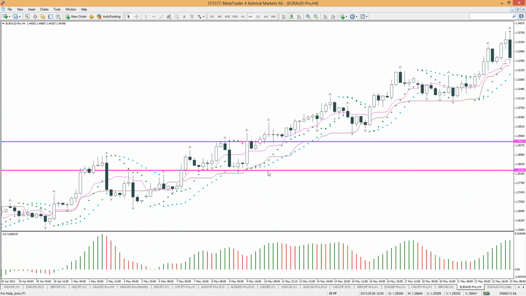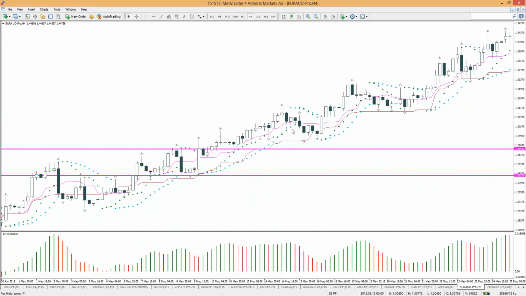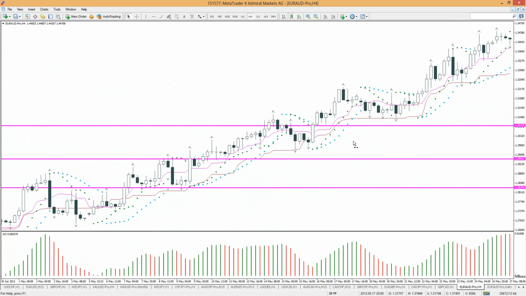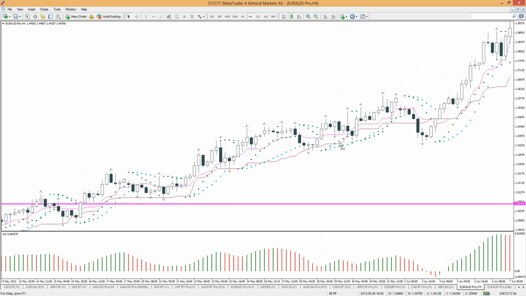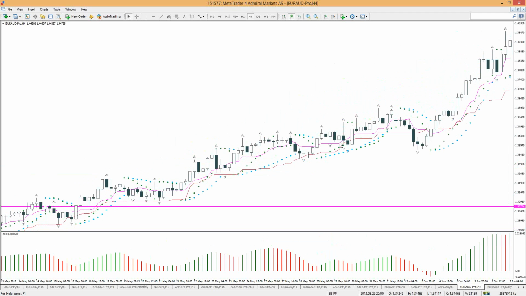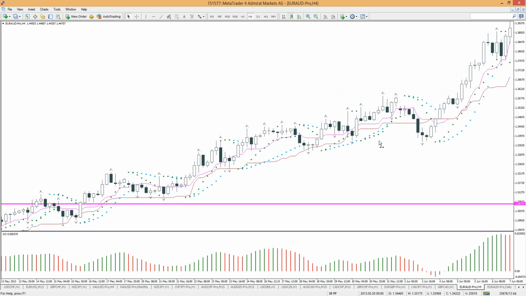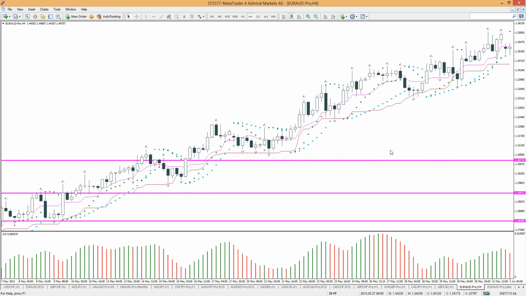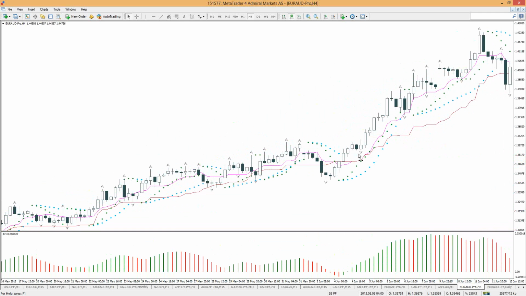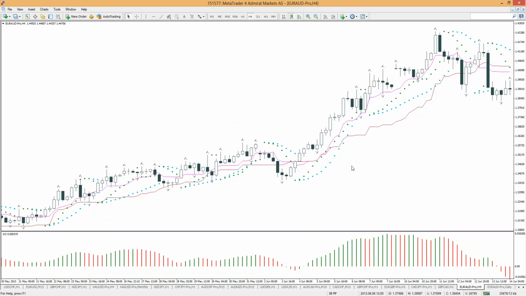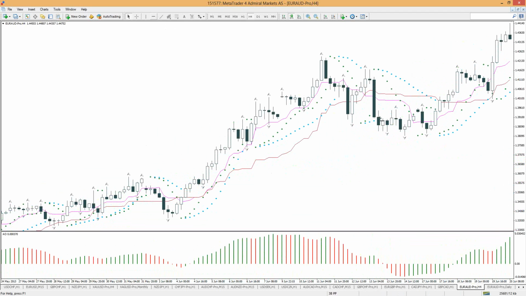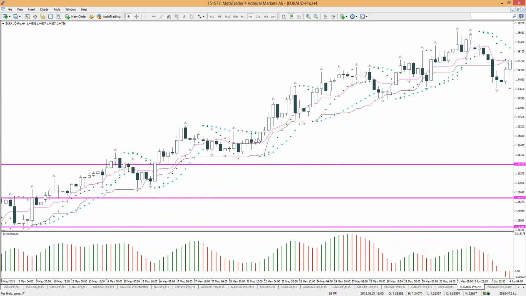That would be the entry, stop loss below it, and the first exit is here, and the second exit, oh wow, I managed to choose a good one I can see, is here. Well, obviously that was a big run.